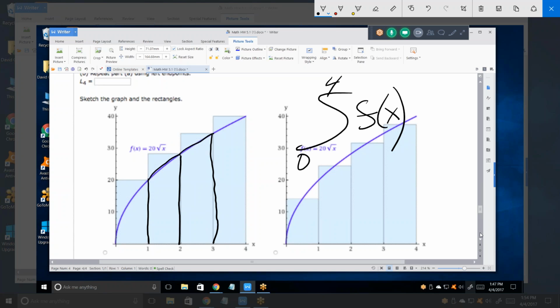Just as square root of x is the inverse of x squared, integration is the inverse of differentiation. We'll leave it at that for now. Both integration and differentiation have huge applications in terms of real-life problems.